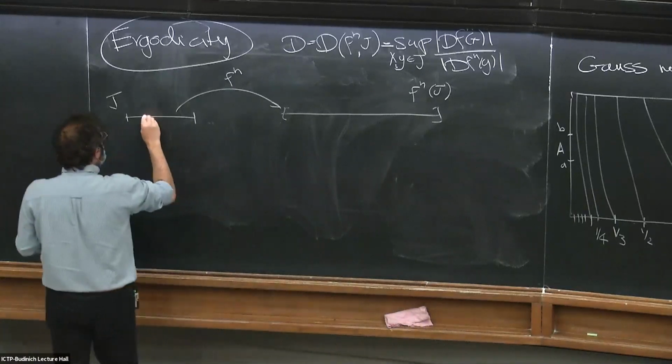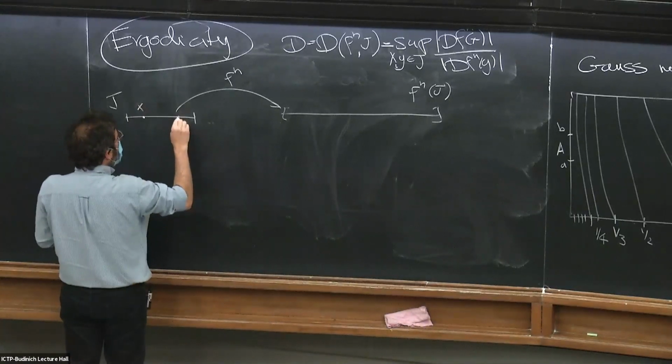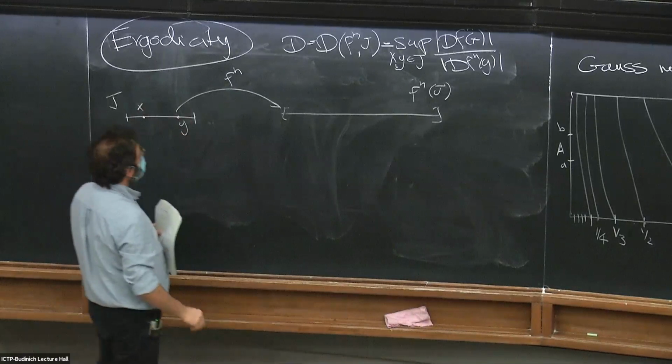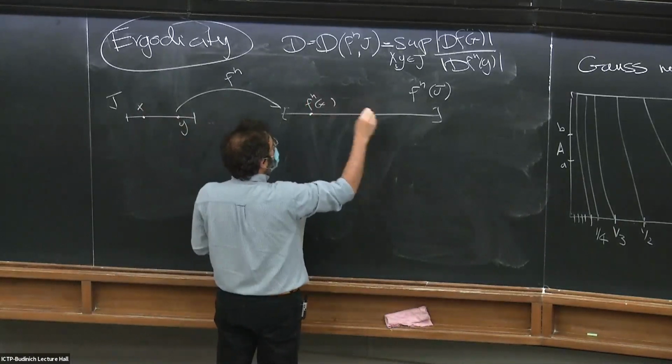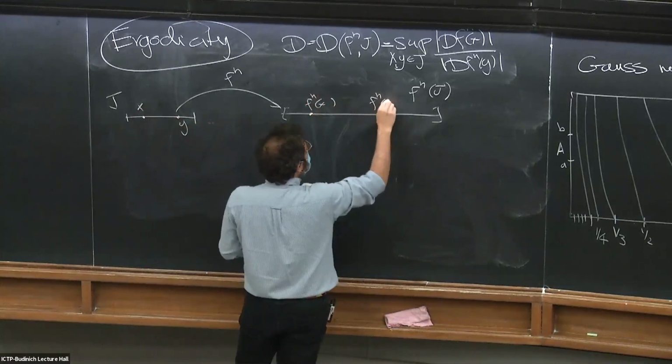I take two points x, y, and I take the derivative. This is F^n of x, this is F^n of y.